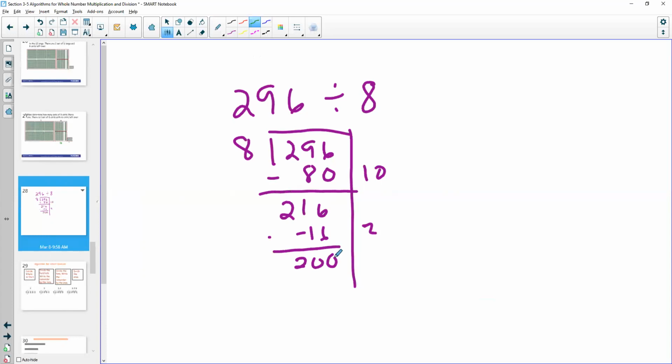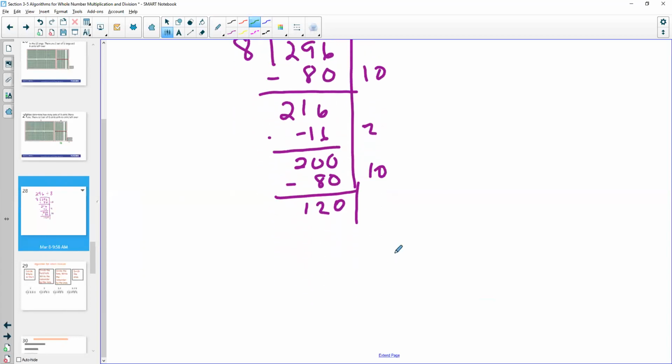Okay. Now what do I do? I guess I could take away 80 again, right? So another 10 eights. 200 minus 80 is 120. And I'm sure I could do that again, right? Let's do it again. Minus another 80. That gets me 40. Oh, well, that was 10 more eights.